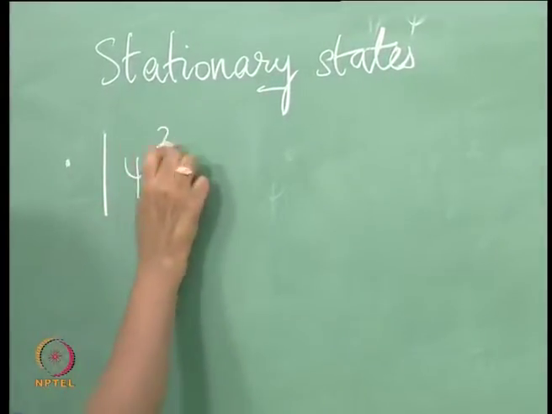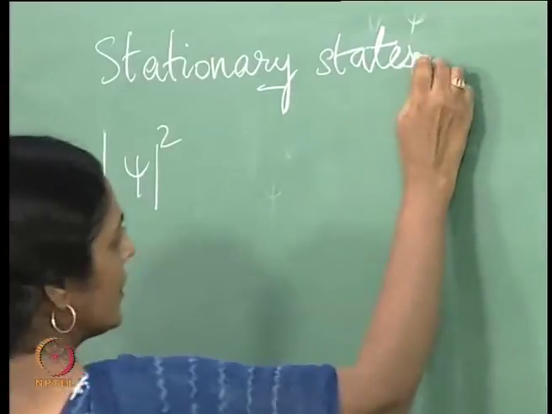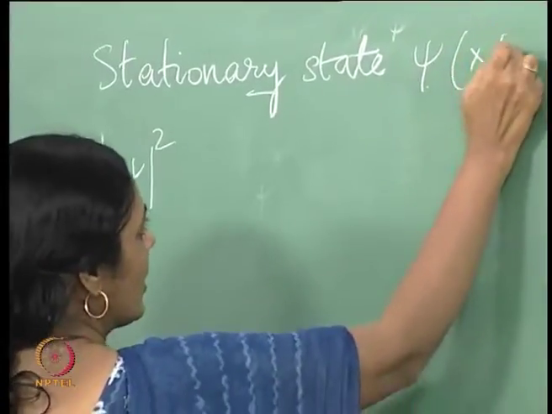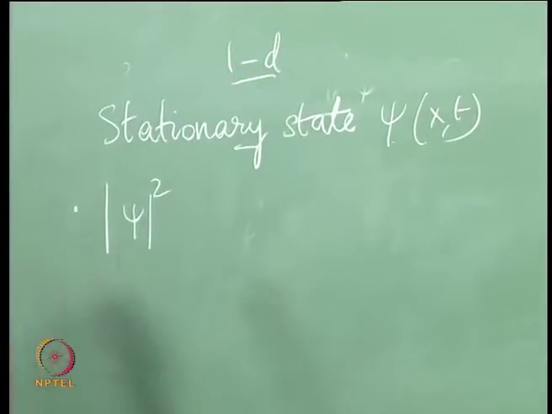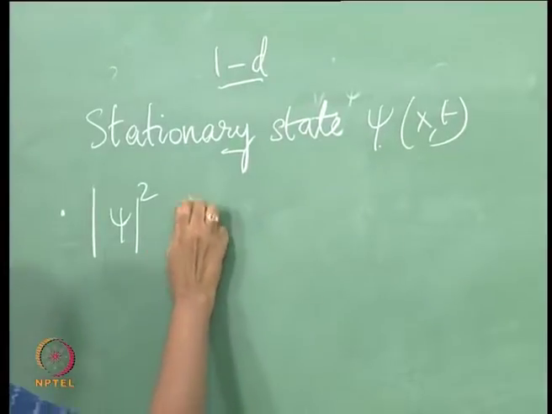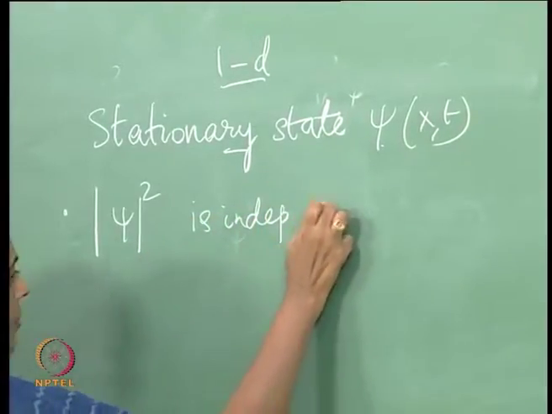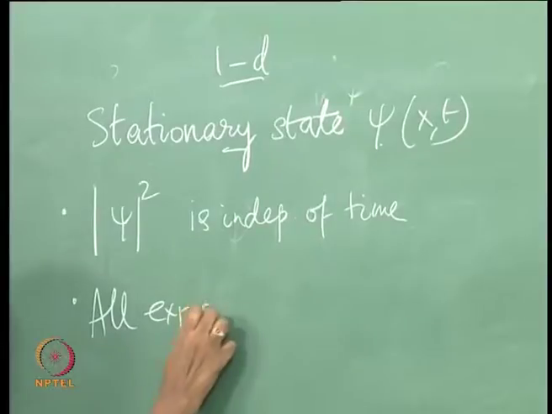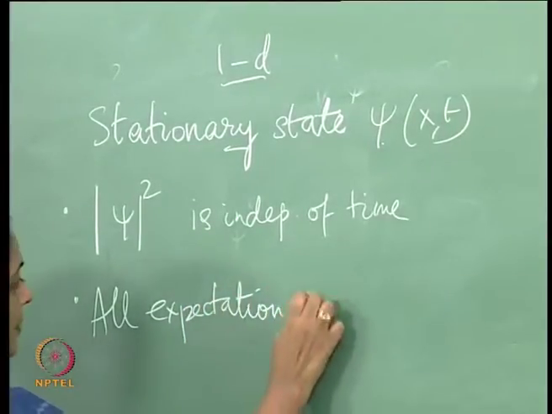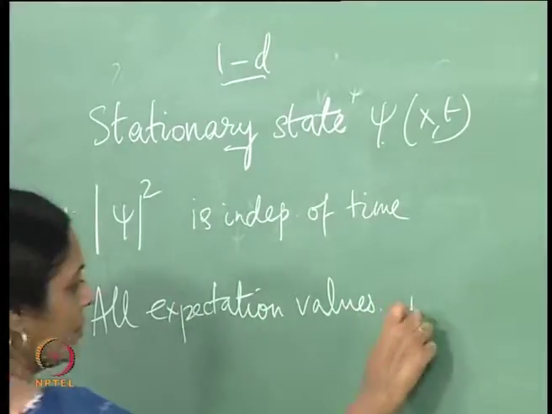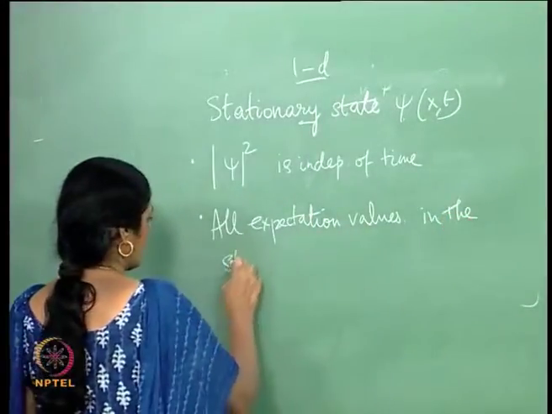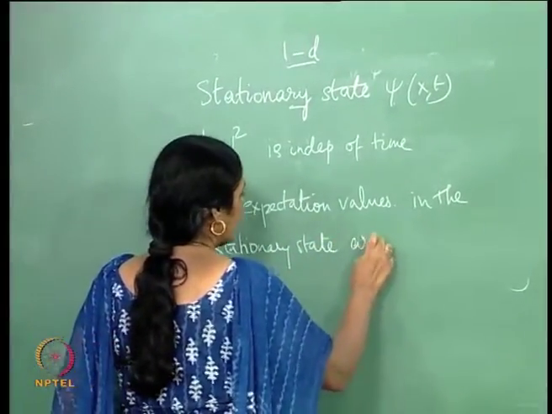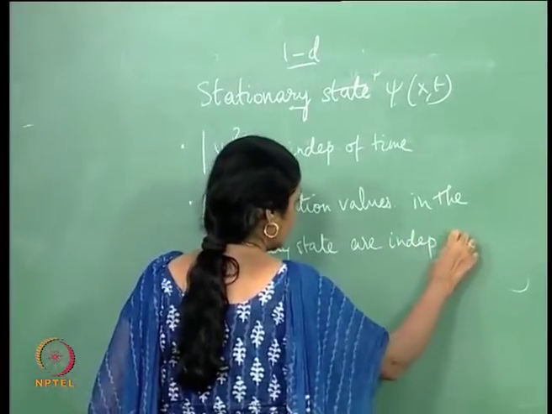First of all, mod psi squared, for the stationary state psi, for instance in one dimension, can always generalize it to 3 dimensions, is independent of time. All expectation values of relevant observables in the state psi are independent of time, they are conserved in time.